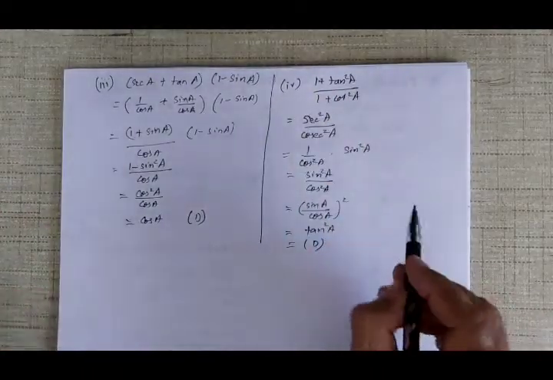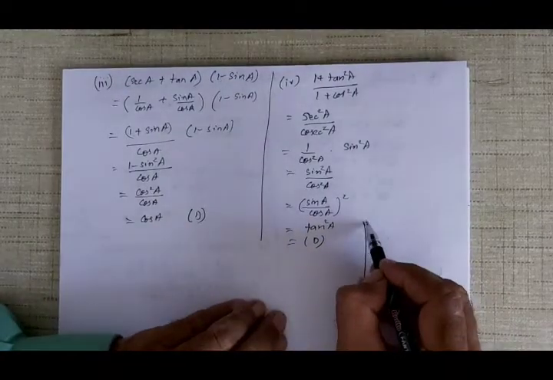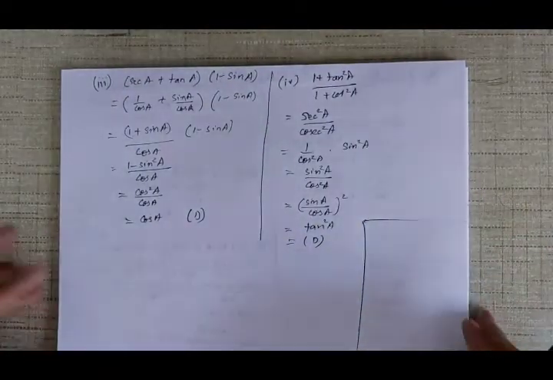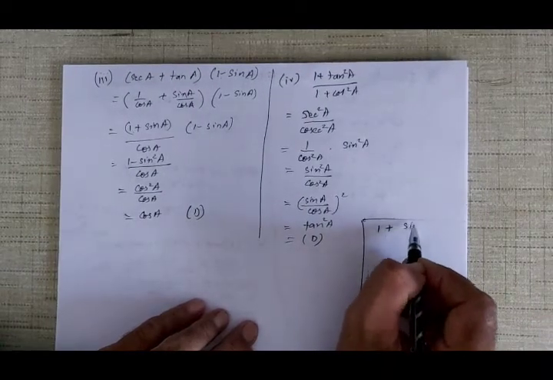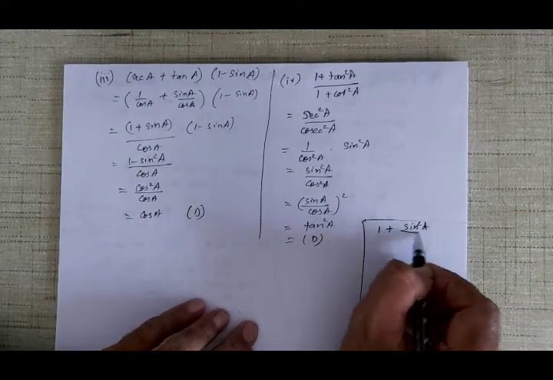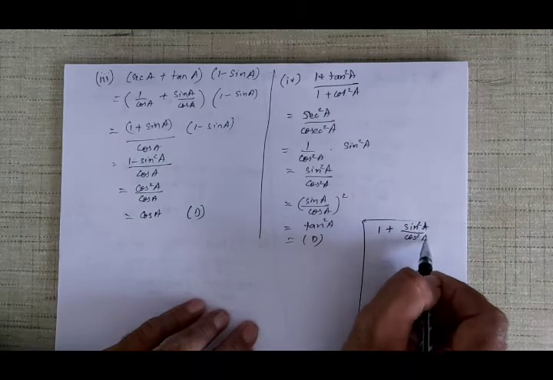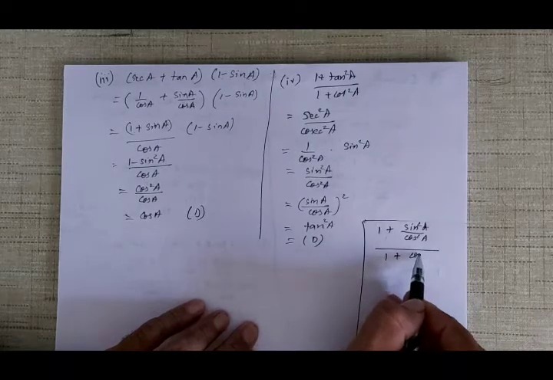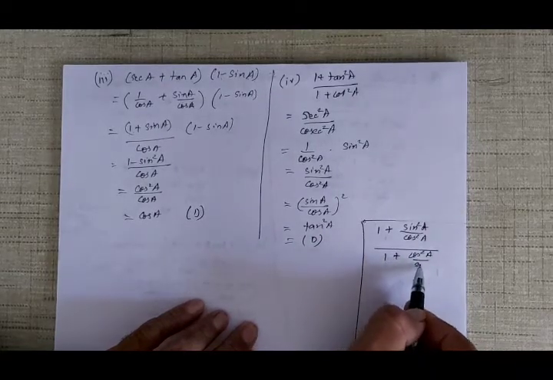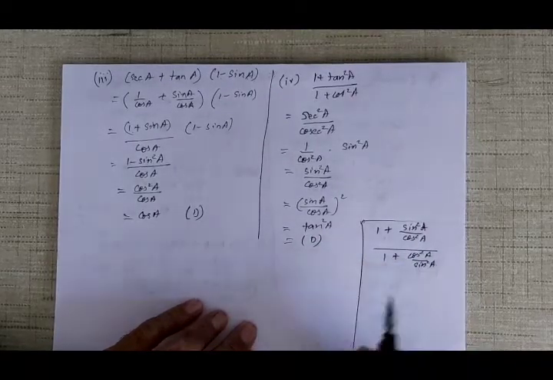For example, in this case you can do it in this way. I'm just showing you why it is different also. You see 1 plus tan square a, I can write sine square a upon cos square a. Let me change these, and here also I can write 1 plus cos square a upon sine square a. Okay, now I've done it differently slightly.